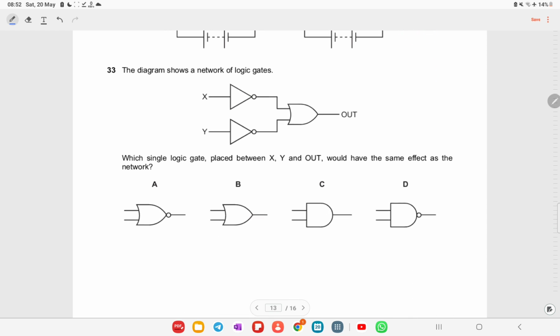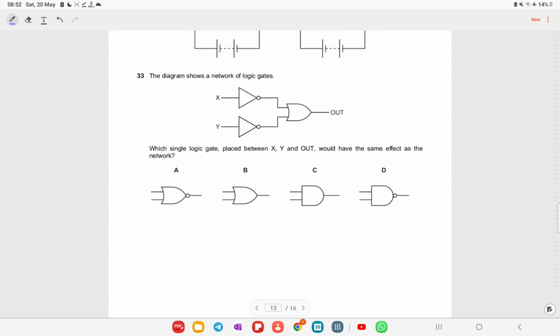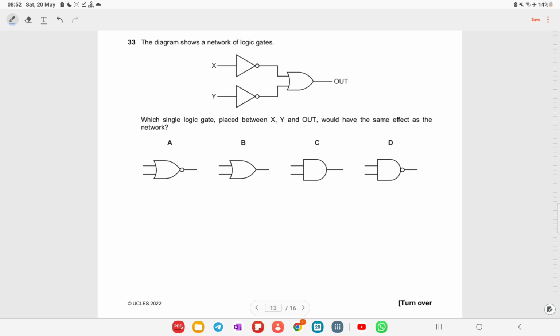The diagram shows a network of logic gates. Which single logic gate placed between X, Y and the output would have the same effect as the network? You can make a diagram for this. This is input X, this is input Y, and this is your output.